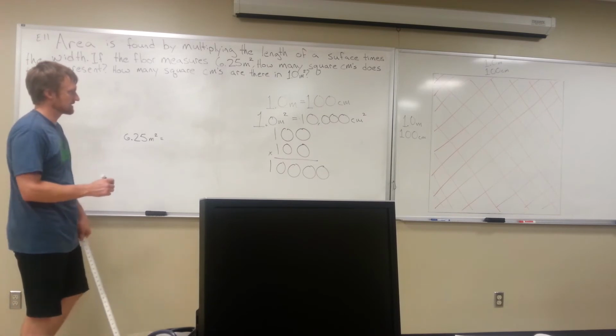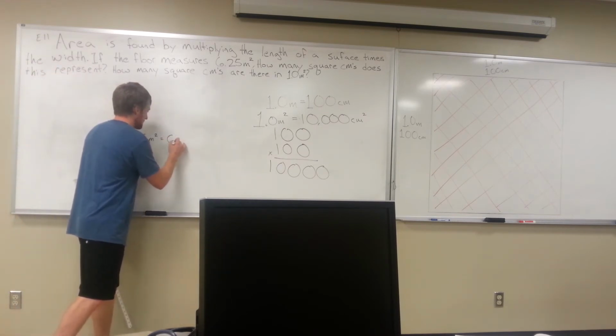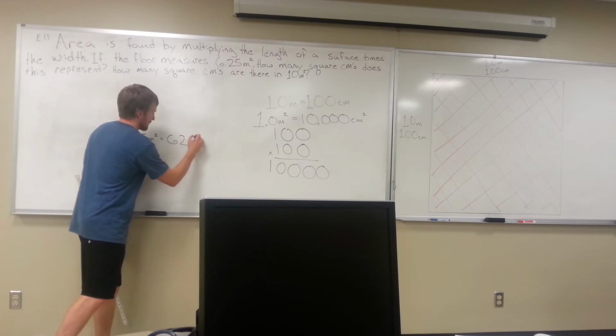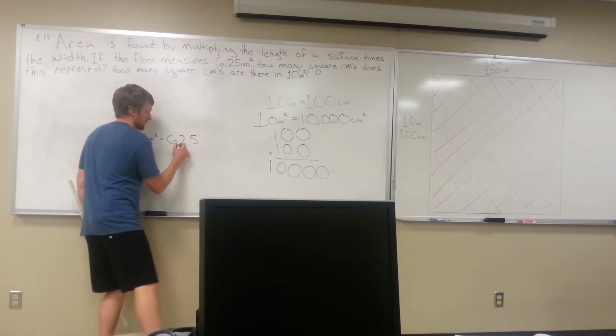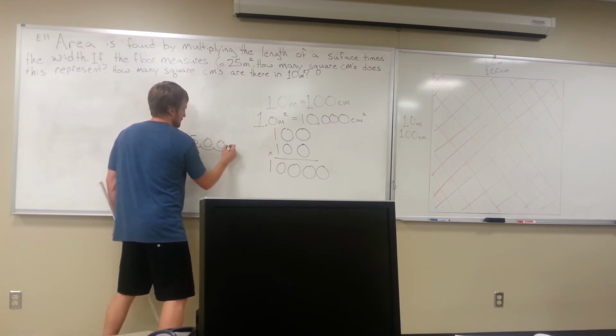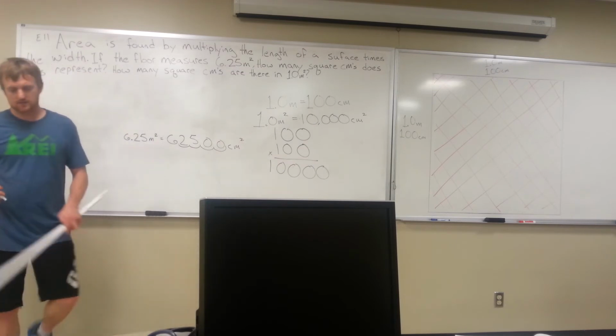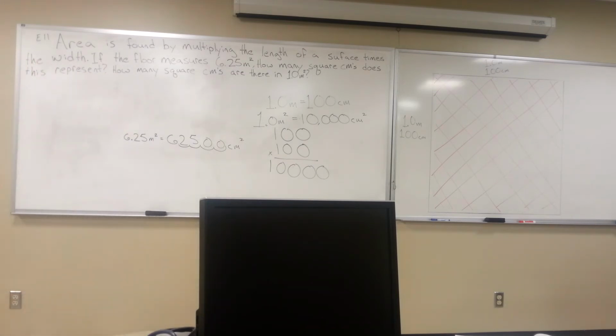We bring our decimal place over 4 spots: 6, 2, 5, so bring over 1, 2, 3, 4, adding 2 zeros there, and we have centimeters squared. So that's one aspect of this entire scheme of things.